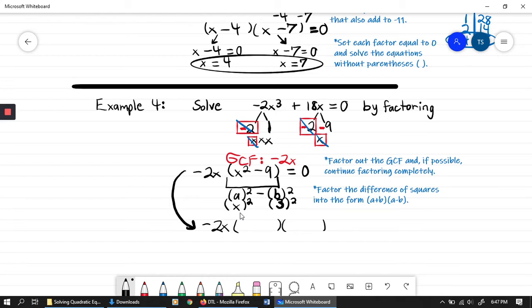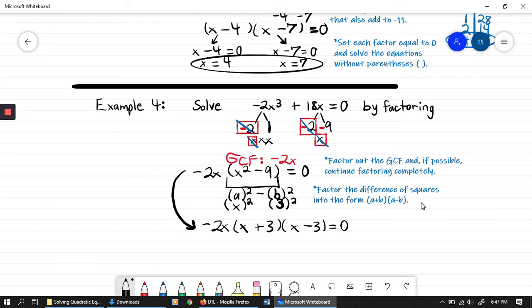So we've got negative 2x that was already there, and this breaks down into the form a plus b times a minus b. And so that is going to be x plus 3 times x minus 3. Okay, and don't forget that this is still an equation and it's equal to 0.